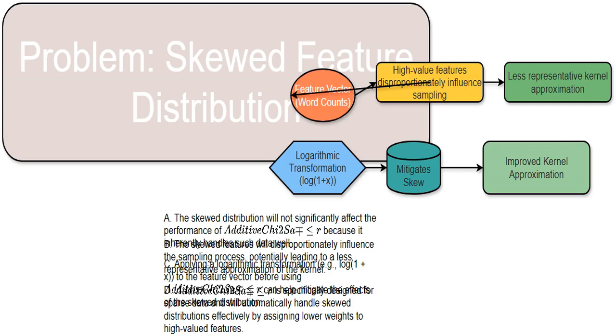I see a problem with skewed data. Imagine a bag of candies where most are red and only a few are other colors. This is similar to having some words, features, appear far more often than others in our text documents. This uneven distribution can cause issues for the AdditiveChi2Sampler, which is a tool we use to make calculations faster.